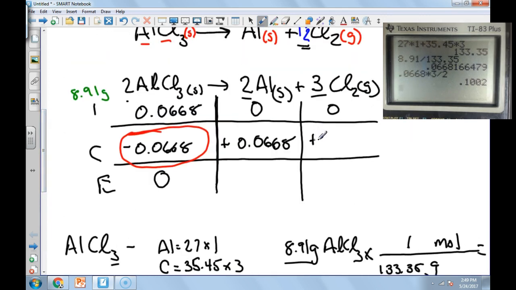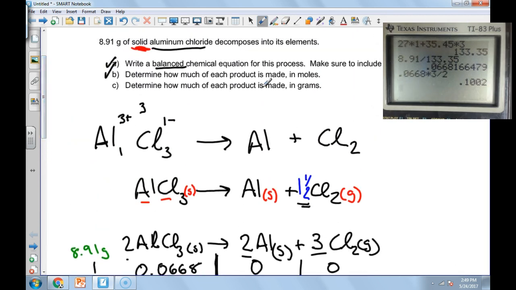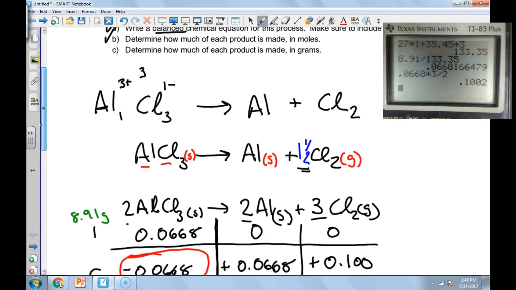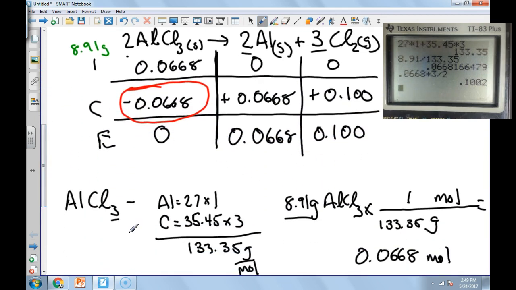So this is going to be plus 0.100. Now these two boxes are pretty straightforward. 0 plus this is 0.0668. 0 plus 0.1 is 0.100, again, keeping in mind sig figs. And so that answers question B, how many moles? And then it says how many grams are produced.